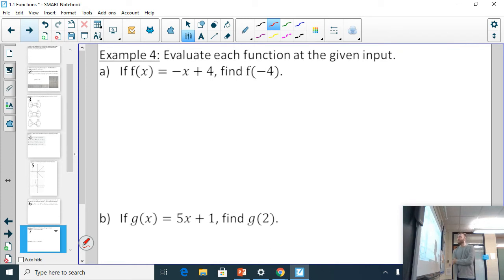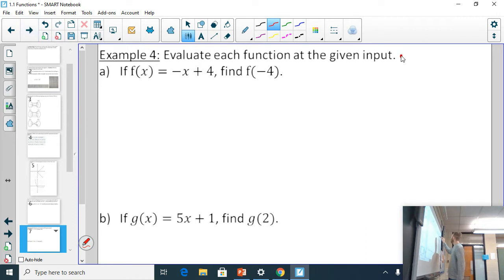For evaluating them, we're going to look at a couple different ways. Evaluate each function at the given input. Remember, functions are all about inputs and outputs. Usually we consider x to be our input and y to be our output. Further down the line, in real world problems, sometimes you'll have t be the input, since t usually represents time, but in this case, x is our input.